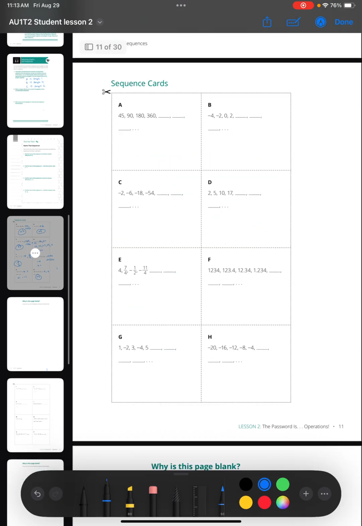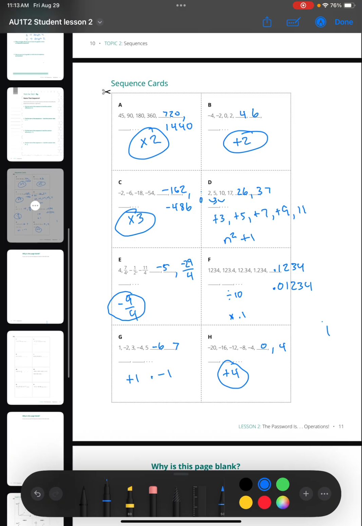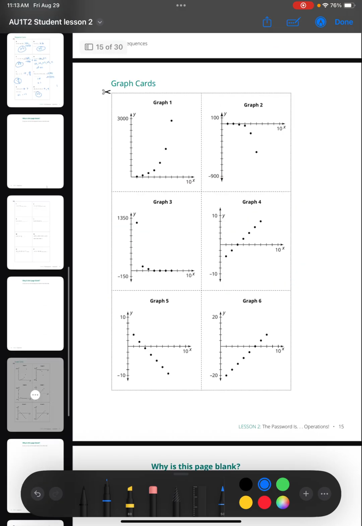A to graph 1. So A was multiplying by 2, so it should create some sort of exponential function, and it was starting at 45. So if I go to the graphs page, graph 1, exponential function increasing. Doesn't look exactly like it's starting at 45, but you got to keep in mind the scale of that graph.